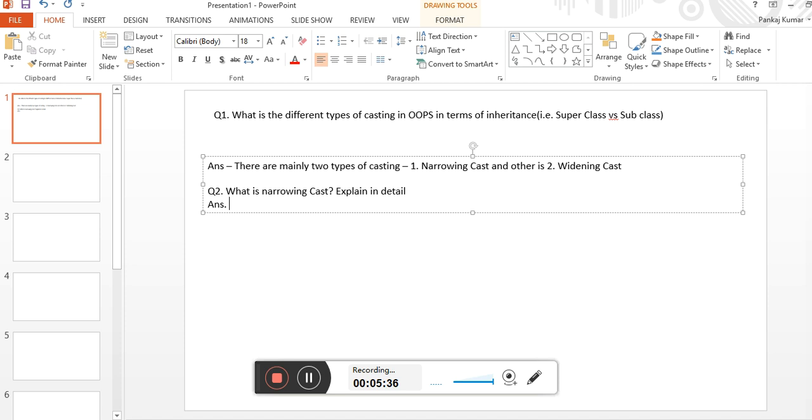So what is narrowing cast? Assigning an instance of a subclass to the reference of a superclass.